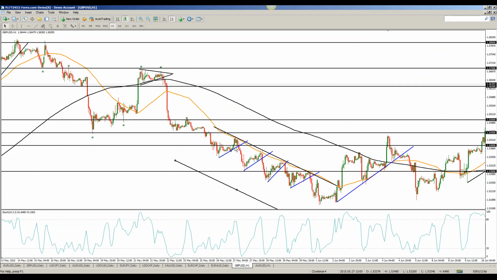So, for example, let me show you. I already have them drawn here. If you take a look here, let's say right here, on the third touch of this line, it touched this downtrend resistance line. It also follows the 50-day moving average. It also, as we see here, has a cross down of the stochastics below overbought.